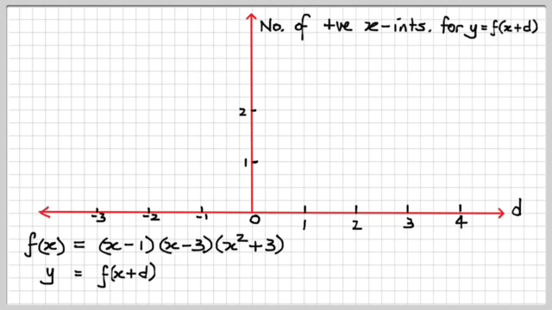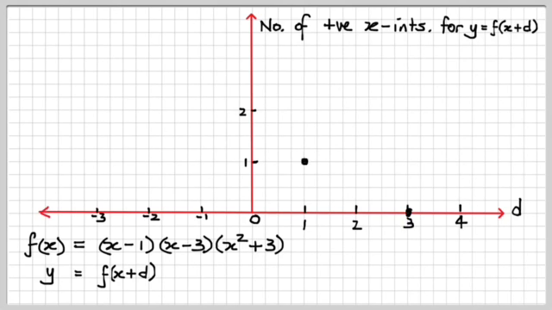Now just put a few points in. If d was 3, okay, you would have this situation, you would have no positive x-intercepts, because you'd know that the right-hand most x-intercept of this function here would have now moved over to be sitting on the origin. So you've got no positive x-intercepts left, alright?